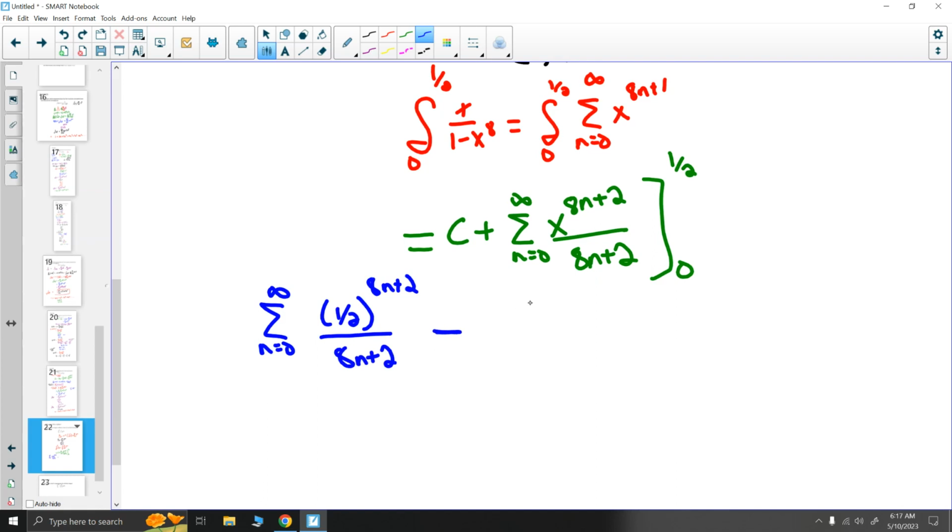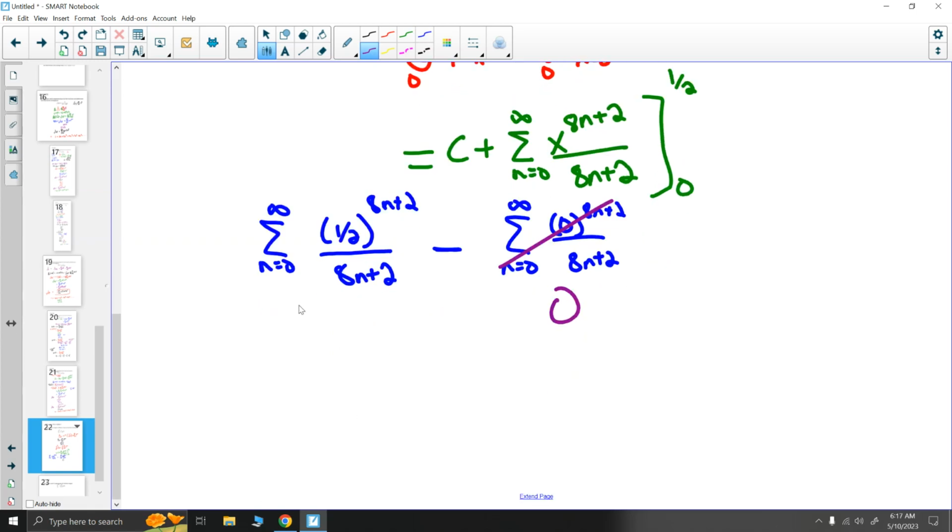And we'd minus the sum n equals 0 to infinity of, plugging in 0 here, 0 to the 8n plus 2 over 8n plus 2. Now, if you think about this, 0 into this, that's 0. So really, we just have this thing, the sum n equals 0 to infinity of 1/2 to the 8n plus 2 over 8n plus 2.